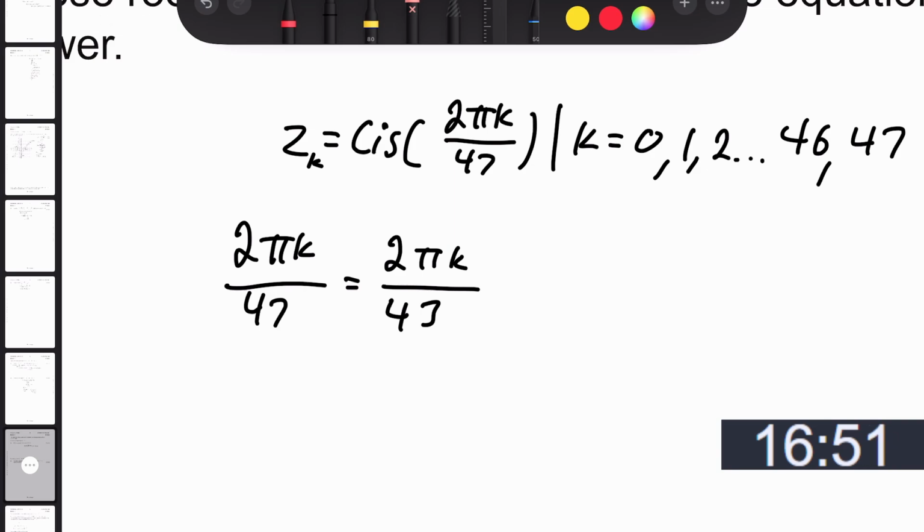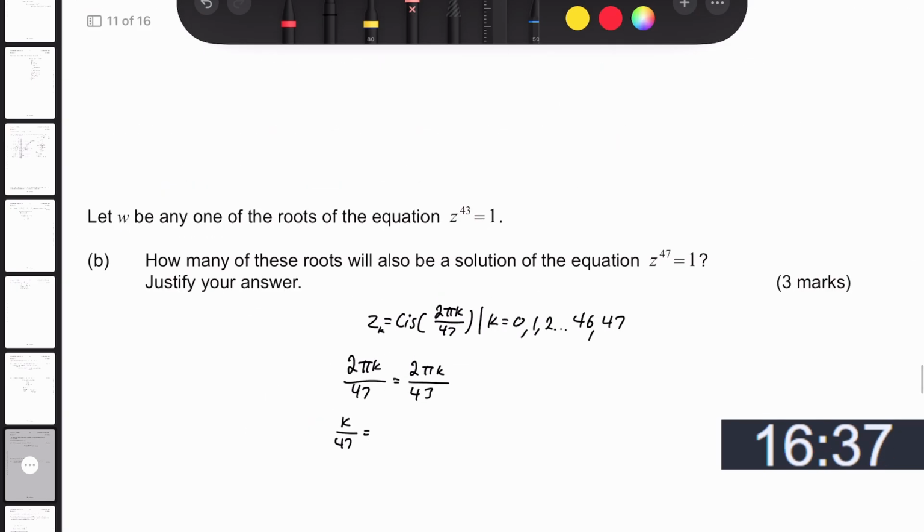Would this be true for any of the roots of the equation?